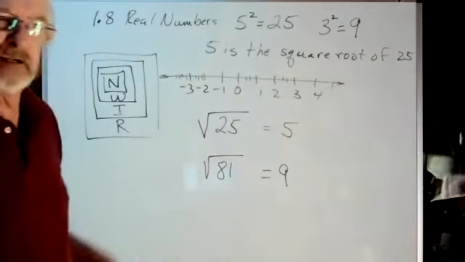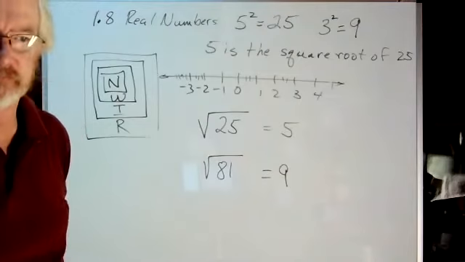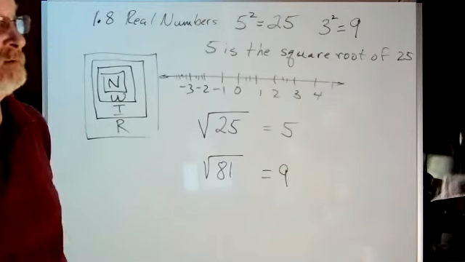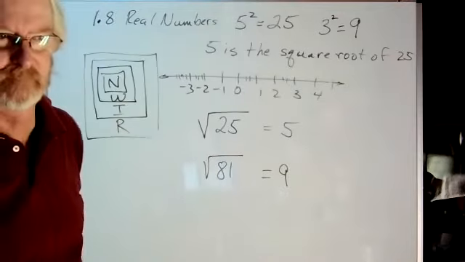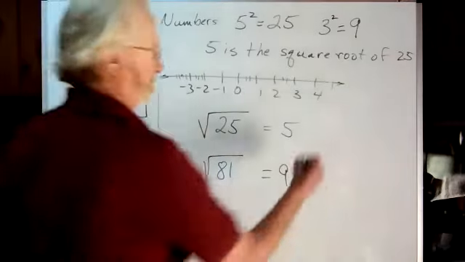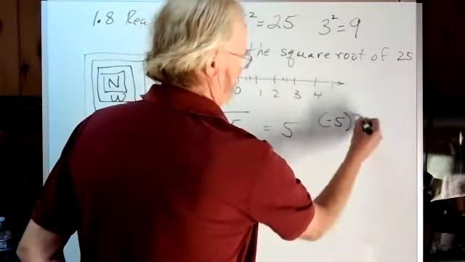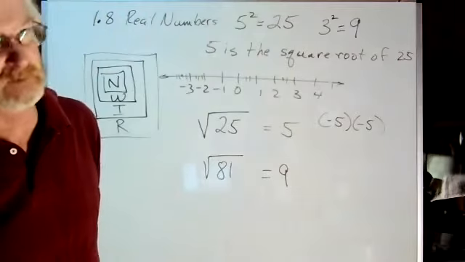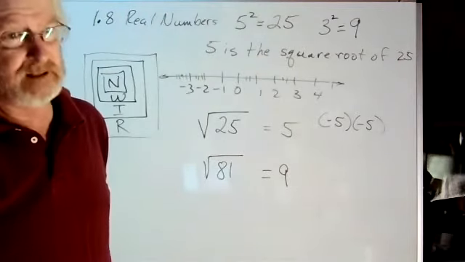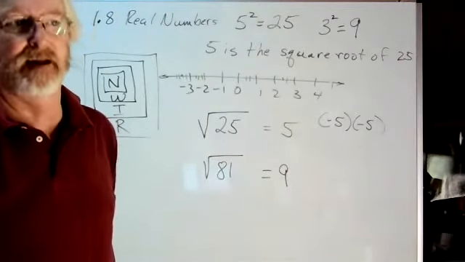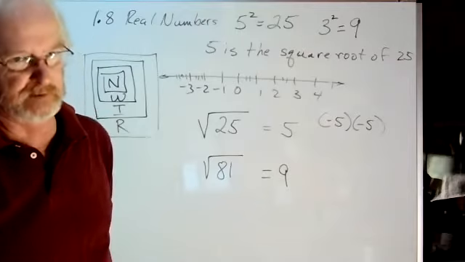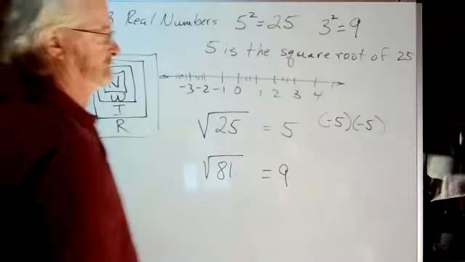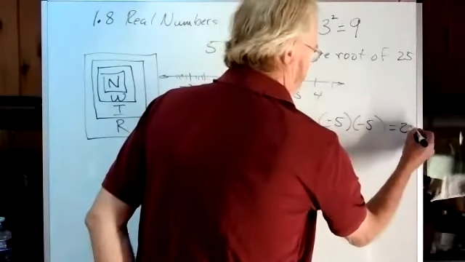Is there another number I can square and get 25? How about negative 5, right? Negative times negative is still a positive 25. So every number actually has a positive and a negative number that you can square to get that positive value. 2 square roots.